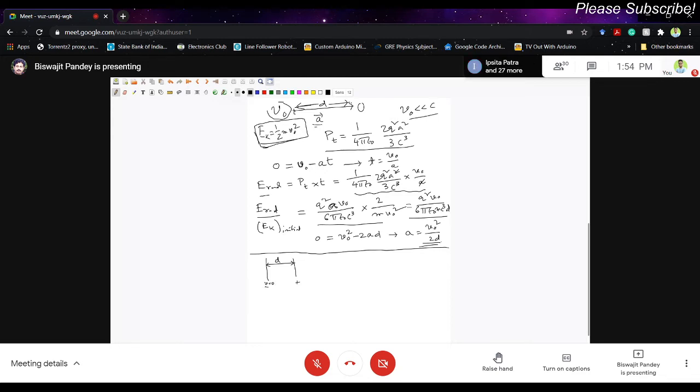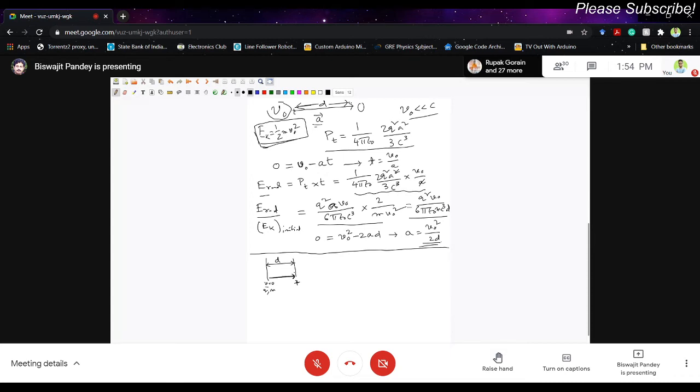The charge is q, it could be any other particle, and say the mass is m. The particle is attracted by this positive plate and gets accelerated. So it goes from here to here, and in this path, what is the amount of radiation emitted by the charged particle? So you can again calculate.